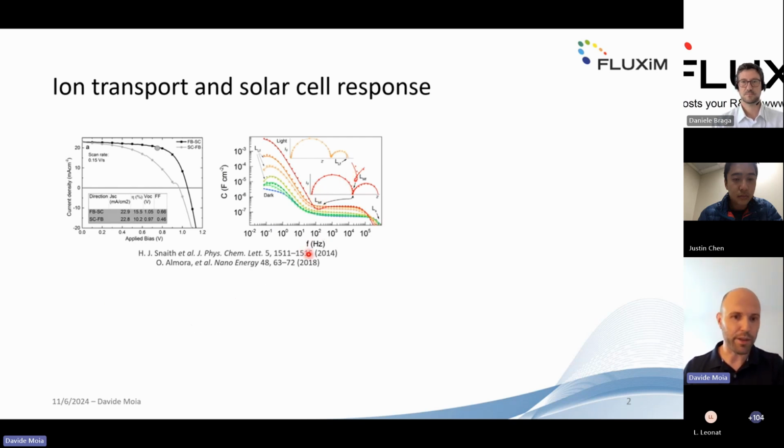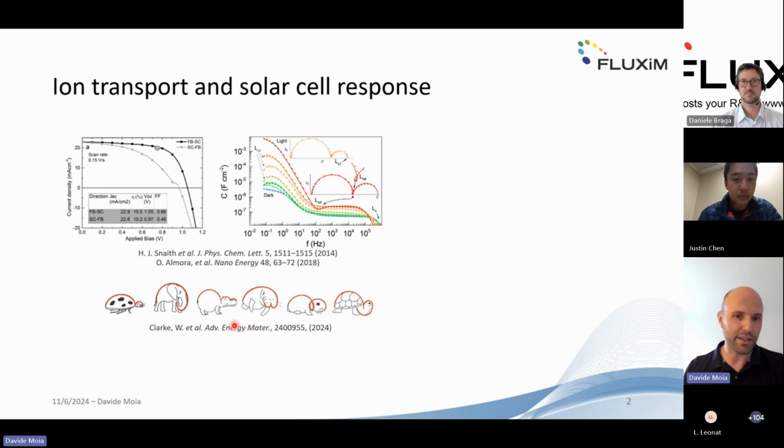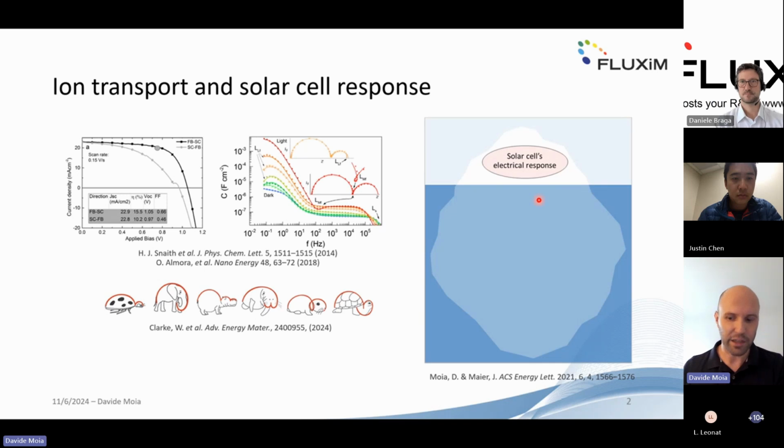And especially for impedance, it is quite established that this low frequency behavior, which can be quite varied depending on the cell, is related to the fact that we are considering a semiconducting device where we also have mobile ionic defects. So if we want to understand what's going on and we want to make better solar cells, we need to look at this somewhat strange behavior as the tip of the iceberg.